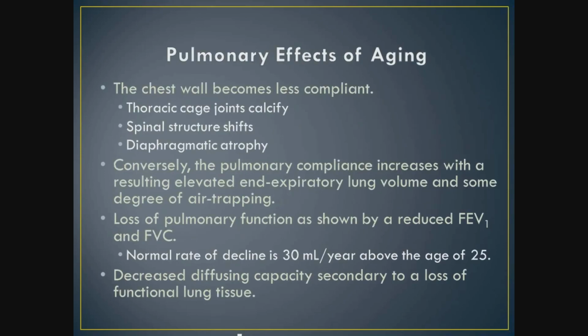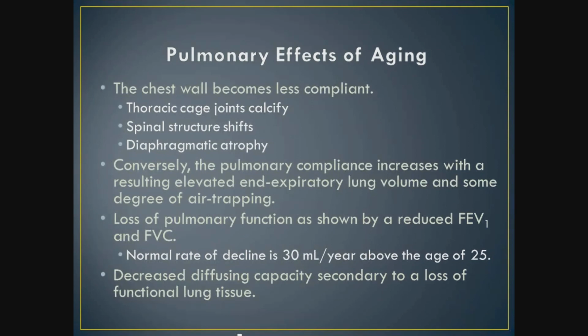A couple of things end up happening as we age. Our chest wall becomes less compliant. Just like arthritis affects a lot of other joints and connections within the body, same thing happens here. Our thoracic joints, where the ribs interact with the vertebrae and with the sternum, start to calcify, they become less fluid, if you will.